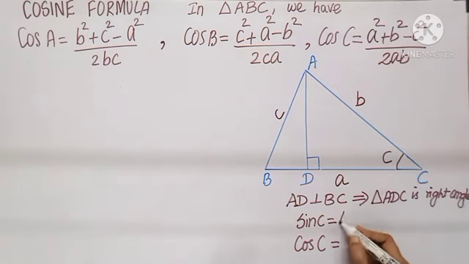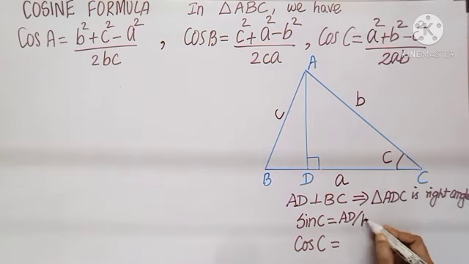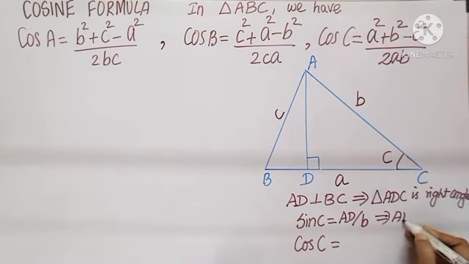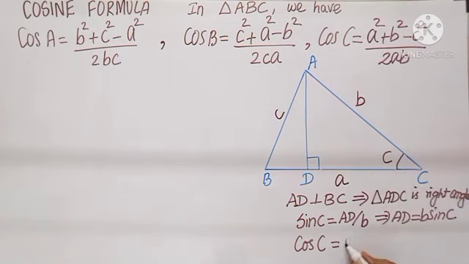Opposite AD by hypotenuse, that is b. Or AD equals b sin C. What is the other one? Cos C, adjacent by hypotenuse, DC by b. Or DC equals b cos C.